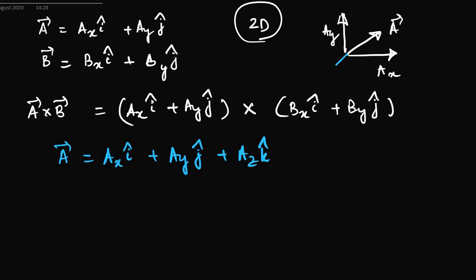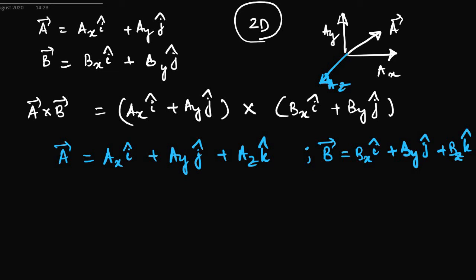Okay, I am simply adding another dimension to it, right? So here it is AZ. Similarly, I can write for B. B vector is BXi plus BYj cap plus BZ k cap.